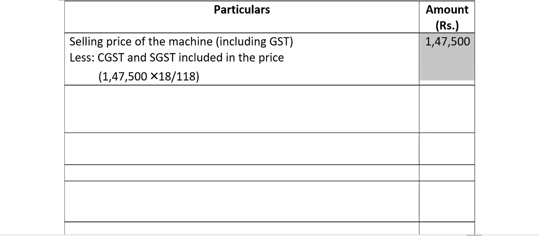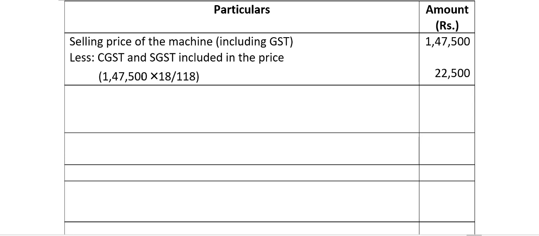So here you have to understand, 1,47,500 is the amount which includes GST. What is the rate of GST? 18%. So if you remember the formula that we discussed, the amount should be multiplied by the rate of GST and then it should be divided by 100 plus rate of GST. Rate of GST is 18.